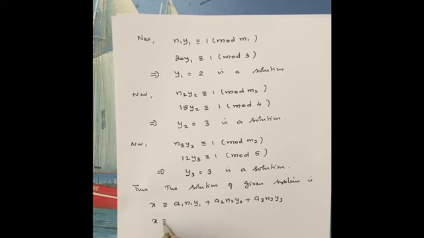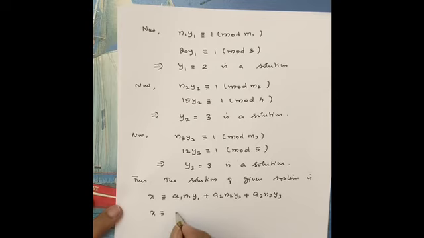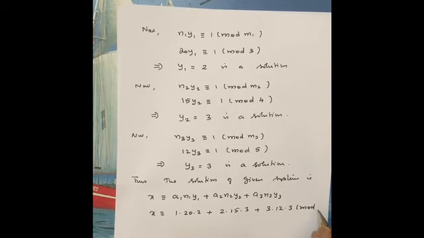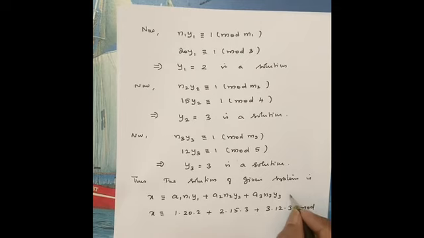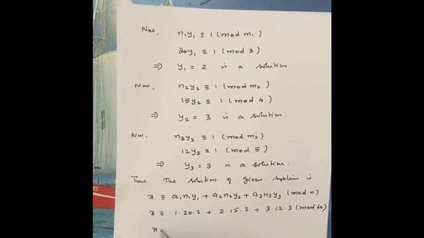Just replace the values and calculate: a1 equal to 1 times 20 times 2, plus 2 times 15 times 3, plus 3 times 12 times 3, modulo n value 60.